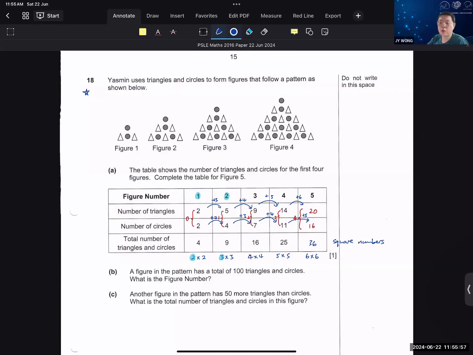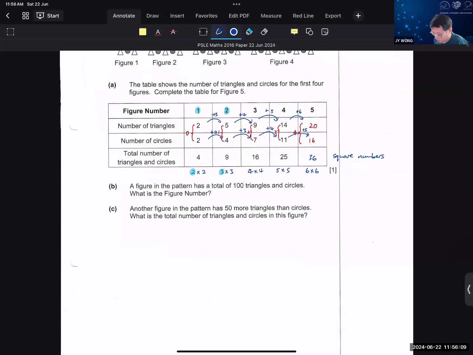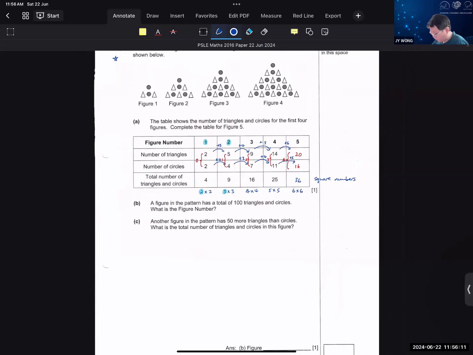Why? Because they never do TYS, never do past year exam papers. The idea that you need to look at the difference has already been tested in 2016. That's why it's important to do your past year papers. In fact, the Helen and Ivan question, if you have done your 2015 paper, you realize that there's a 2015 question that is very similar.